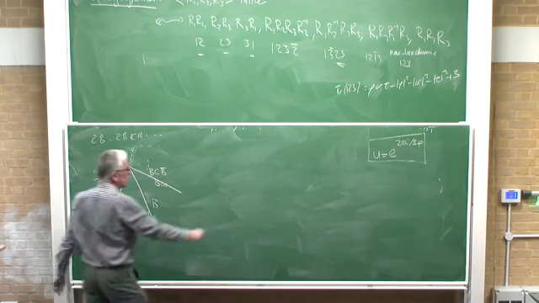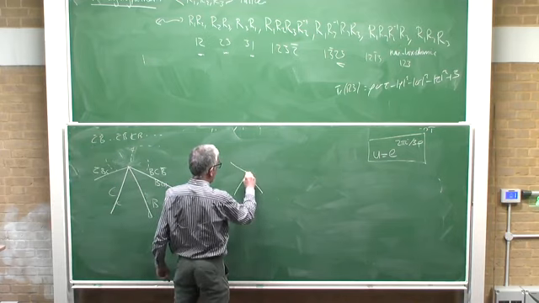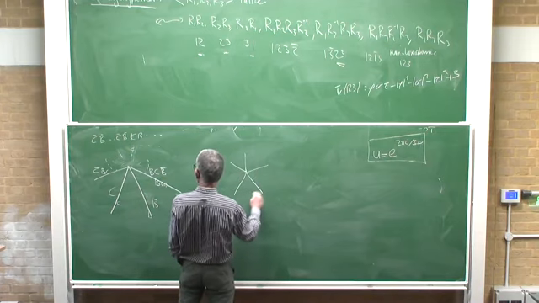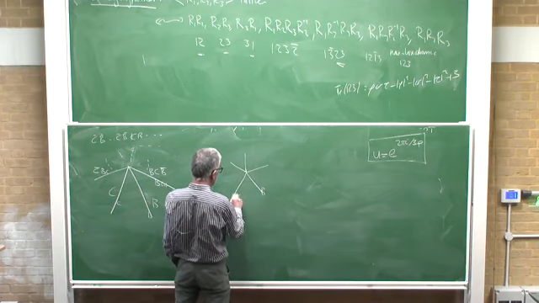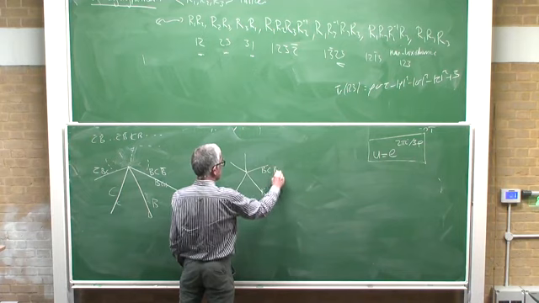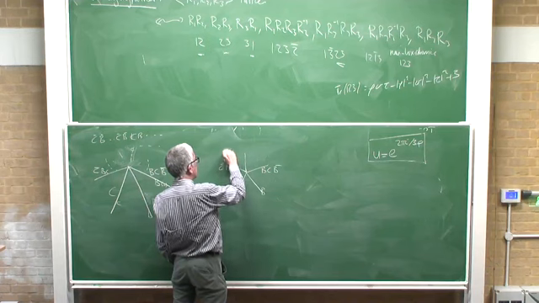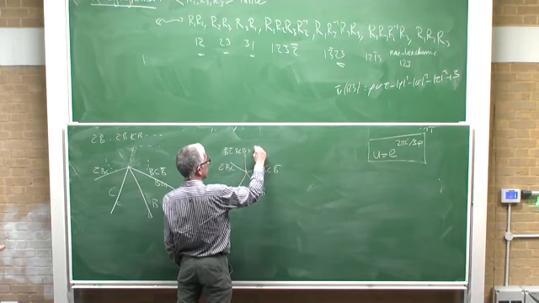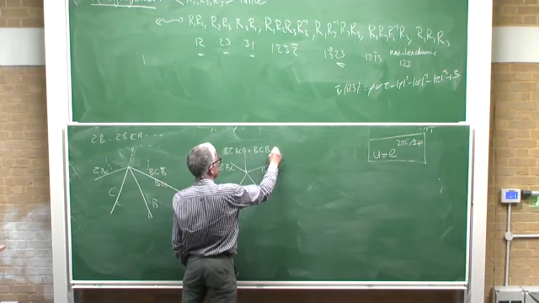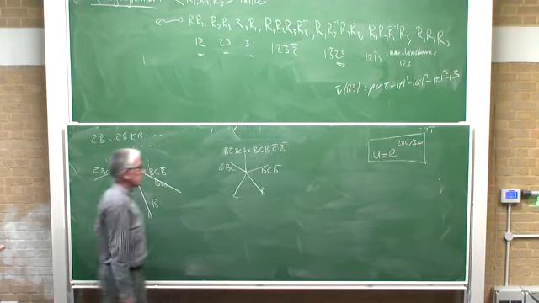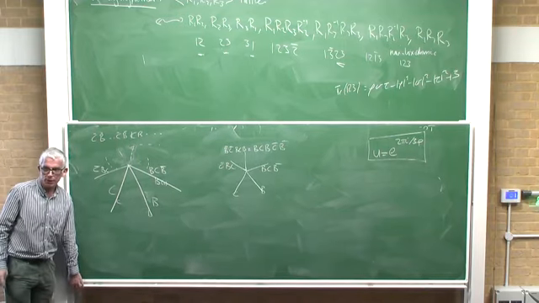So, for example, I can do B, C, B, C, B bar, C bar, B, C, B bar, C bar, B, C, B, which is B, C, B, C bar, B bar, because of the braid relation. Okay.